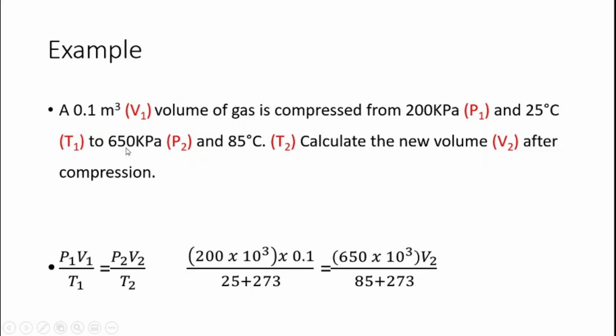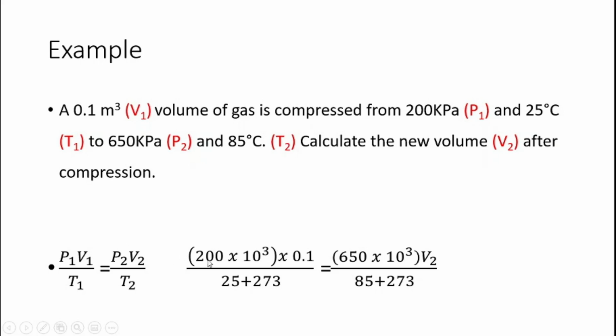So we're squashing it, which means the pressure will go up. So P2 is going to be 650 kilopascals. The temperature is going to go to 85. We need to calculate the new volume after compression. So really, nothing's being kept constant. It's all changing. So we've got to use P1 V1 over T1 equals P2 V2 over T2.